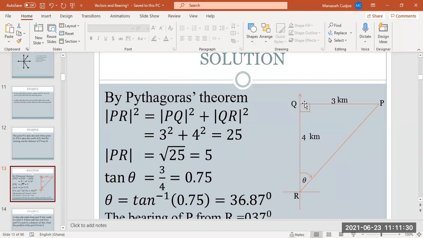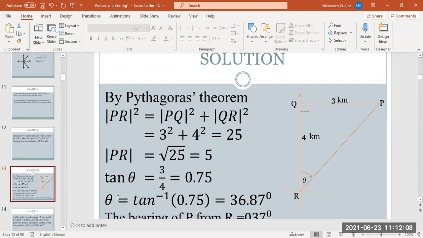And don't forget, this is a right triangle, and we can apply our knowledge of the relationships, either the Pythagoras theorem or the three basic trig ratios. Since I'm finding an angle, I'll look at which of the trig ratios will connect my opposite and my adjacent, and that should be tan. So tan theta is the ratio of my opposite to my adjacent.